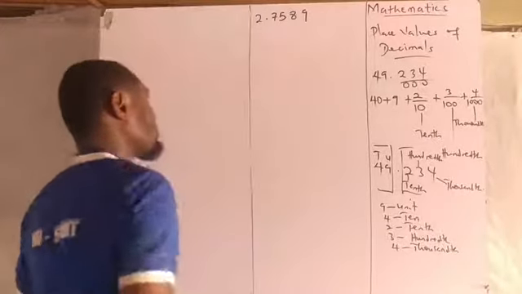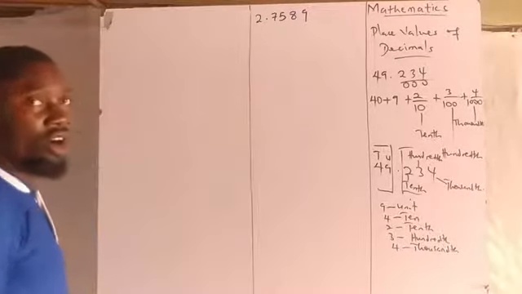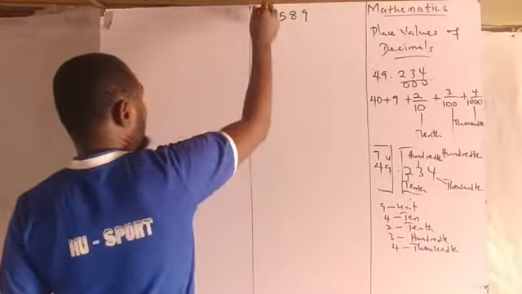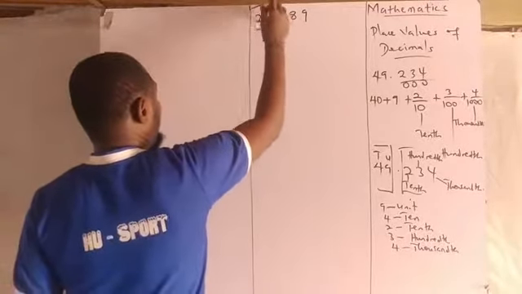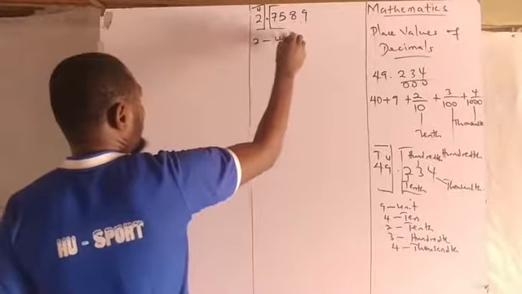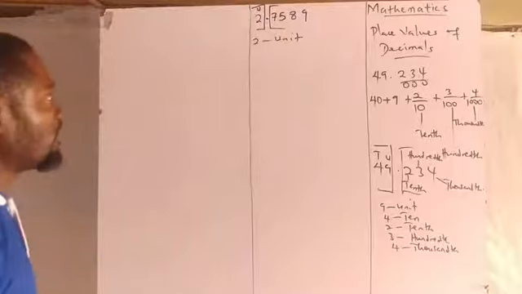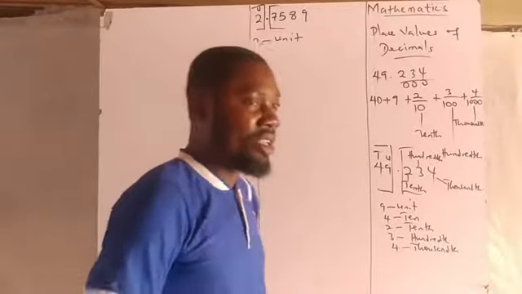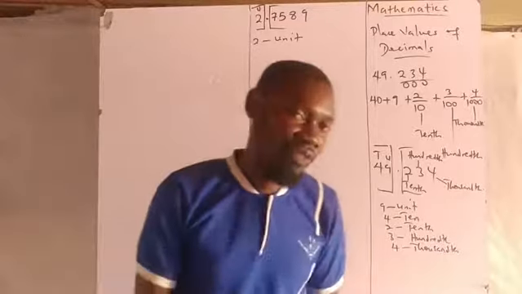2.7589. Place values of the decimal. Remember, before the point is the whole number, after the point is fractional. Here's my unit, so my 2 is unit already. I only have 1 unit. Then after the decimal, let's say our count of place values.